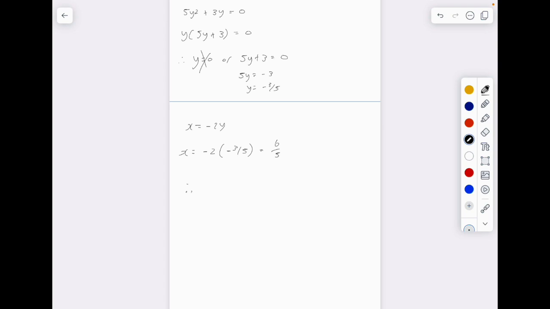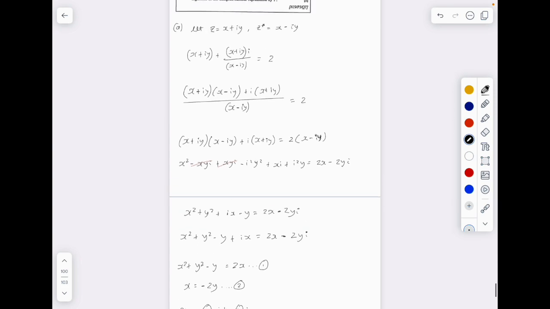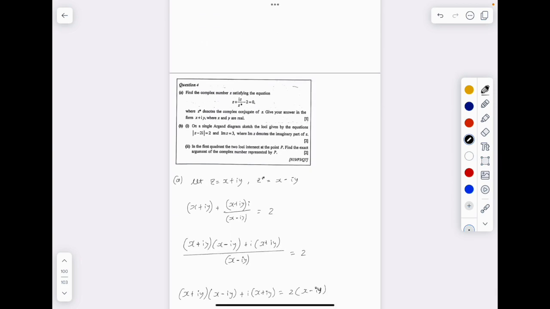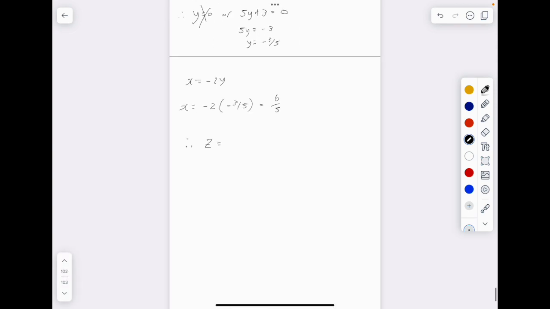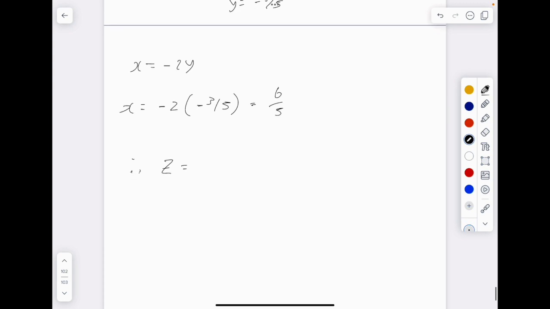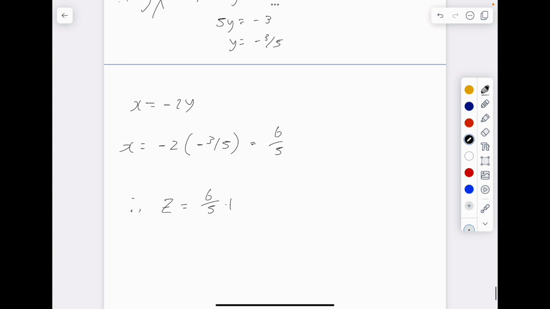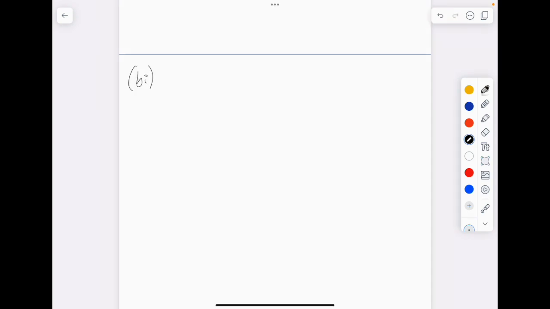Therefore, what we can say is z is going to equal 6 over 5 minus 3 over 5 i. And that, guys, is going to be the final answer to part i. Alright, guys, now for part b i.